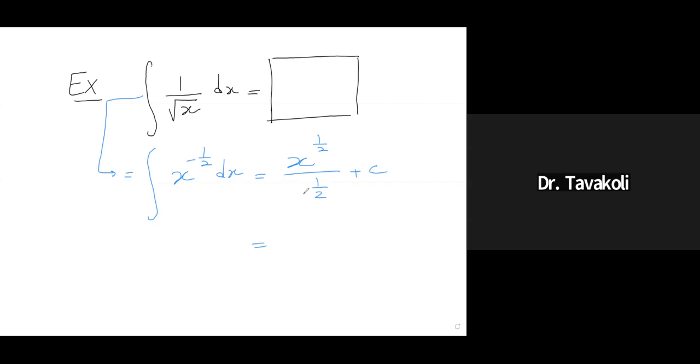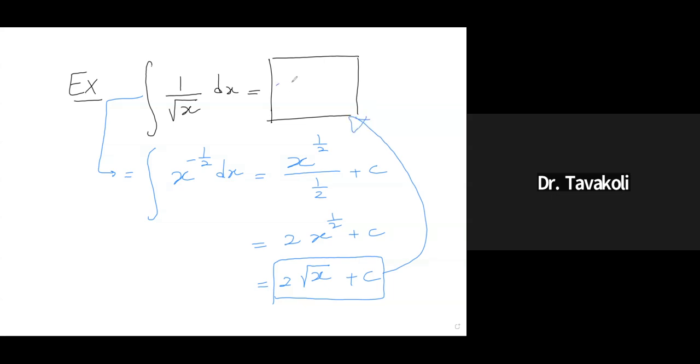Dividing by 1/2 is the same as multiplying by 2, right? So I can write this as 2 times x to the power of 1/2. And we know that x to the power of 1/2 is the same as radical x. So 2 radical x plus c is the answer to this indefinite integral.